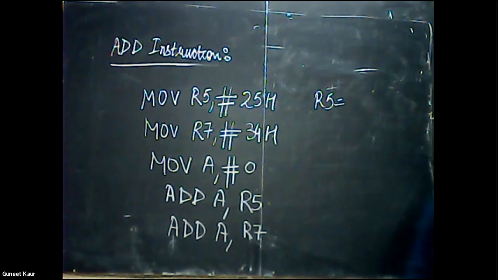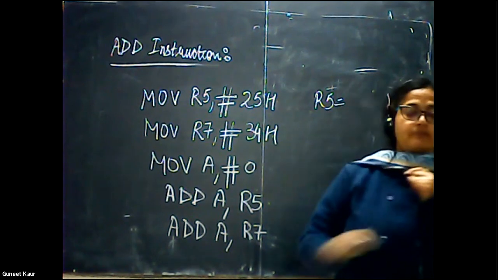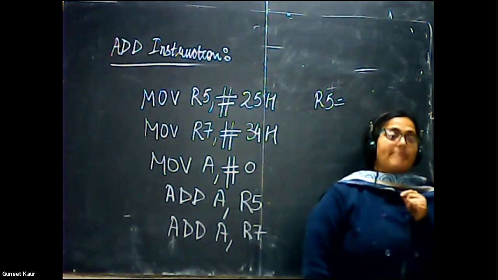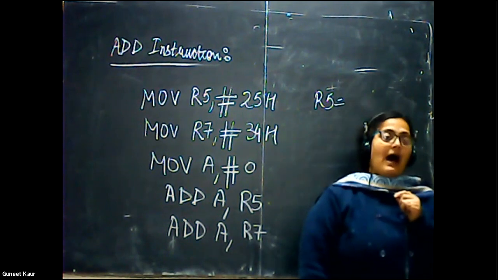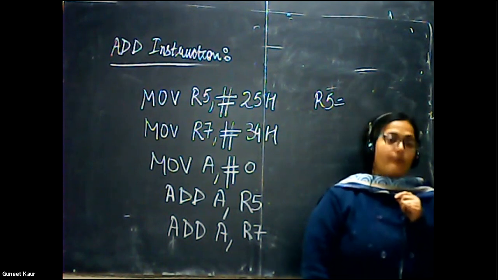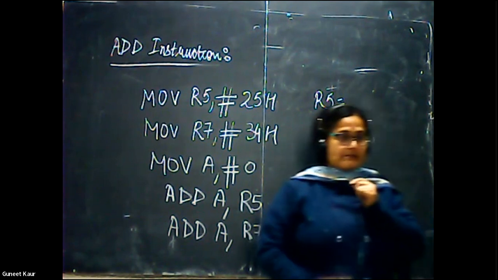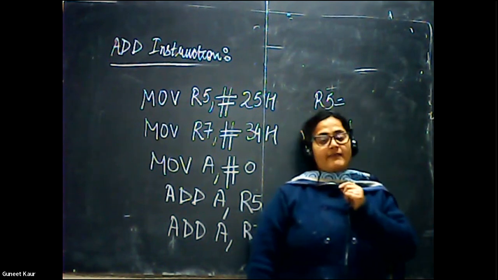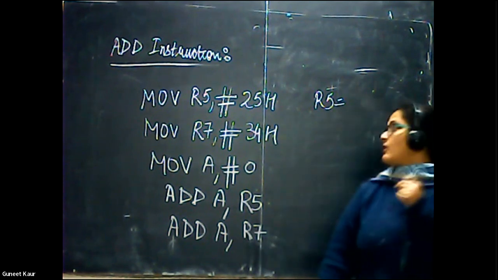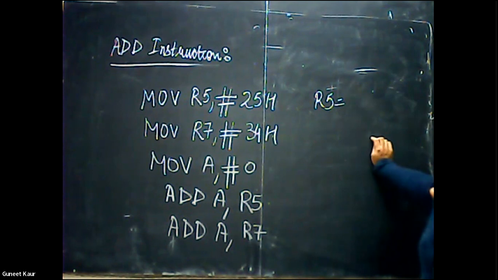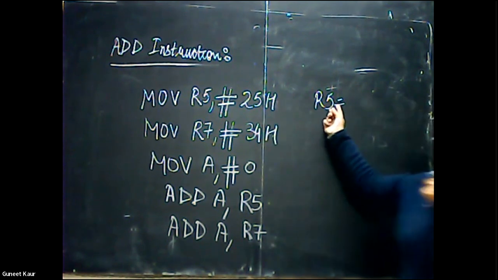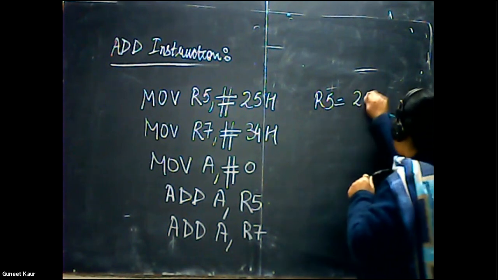As you know, in 8051 we have the A register, then the B register, then R0 to R7. These are all 8-bit registers, whereas two 16-bit registers are always there in the 8051, that is DPTR and the program counter. So after the execution of this instruction, R5 is equal to 25H.